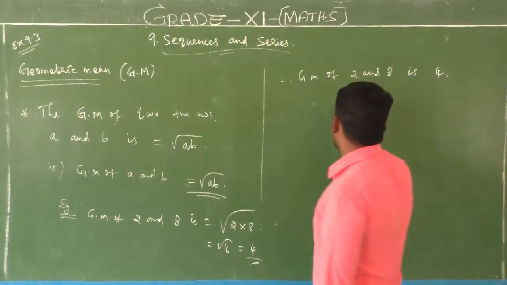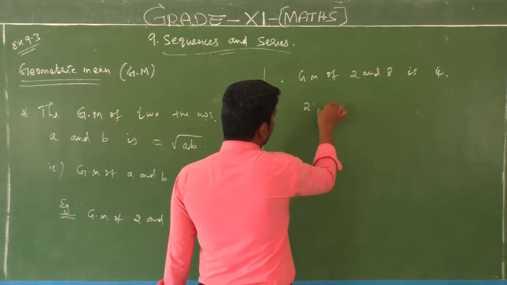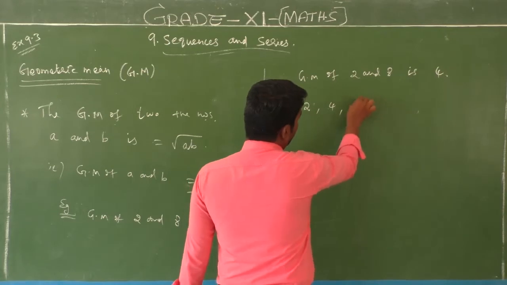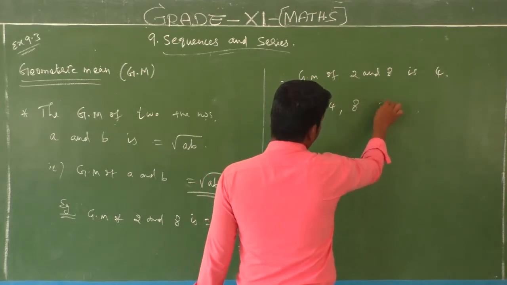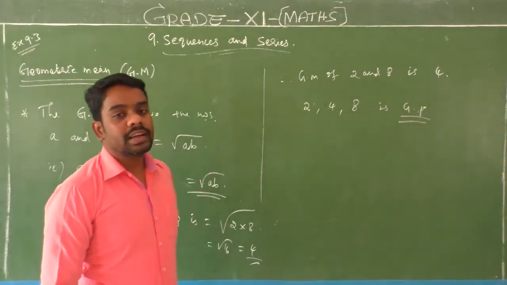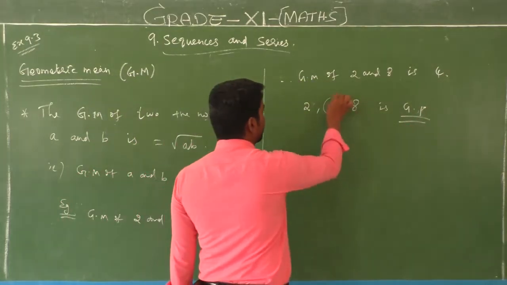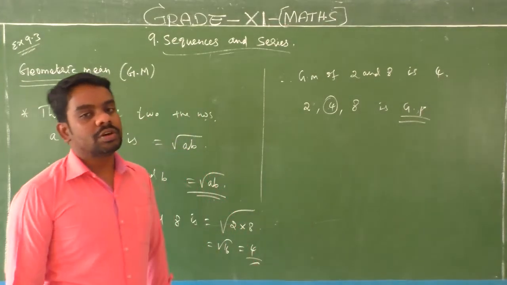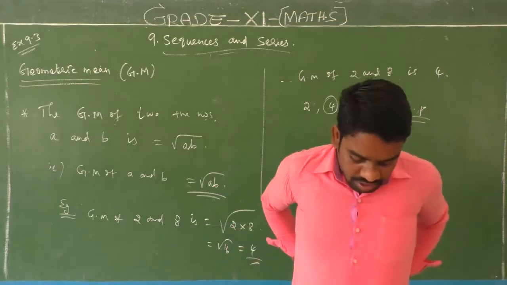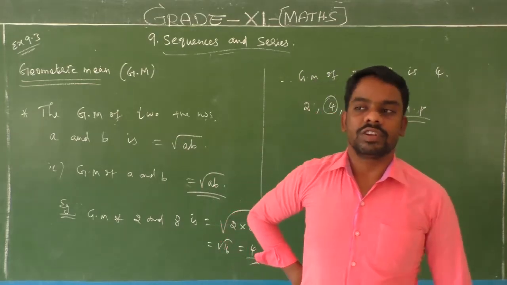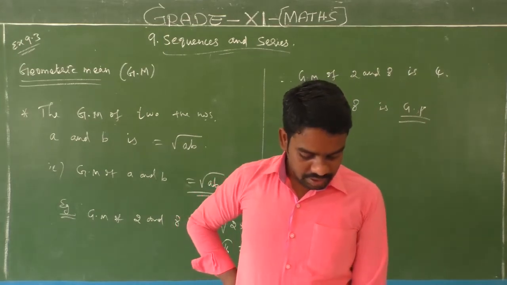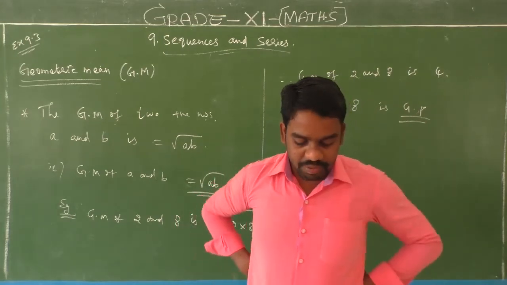Okay, right. Here 2, 4, 8 is a geometric progression, and here 4 is the geometric mean. We can insert many geometric means between any two positive numbers. We can insert n numbers between positive numbers a and b.